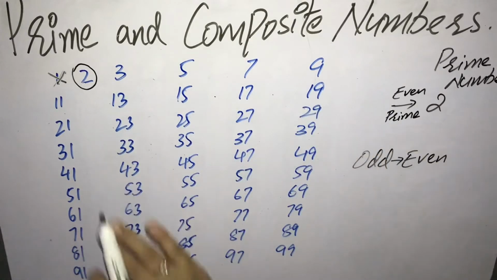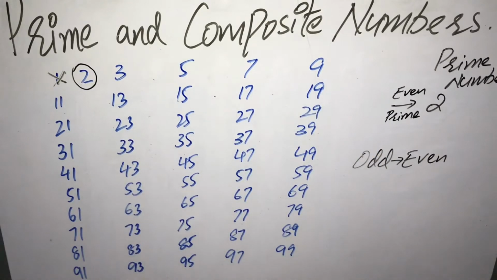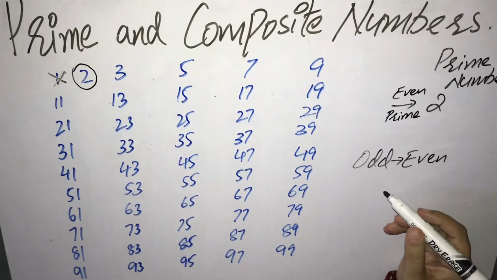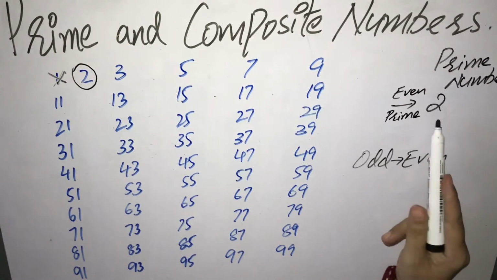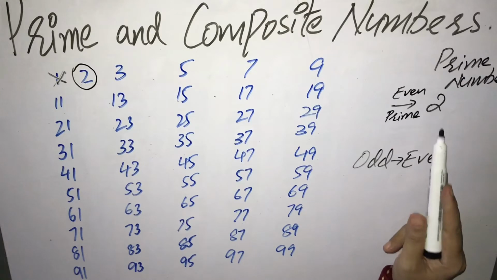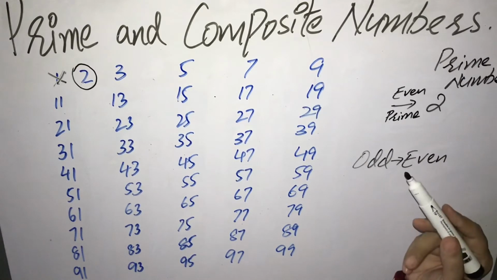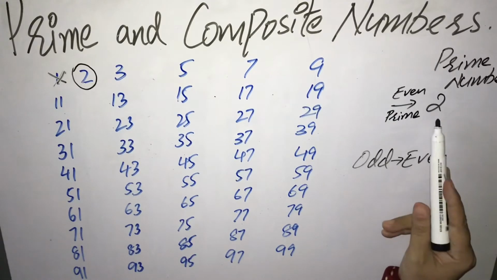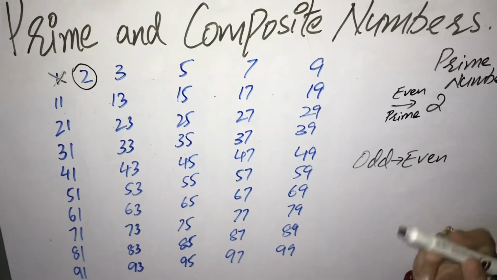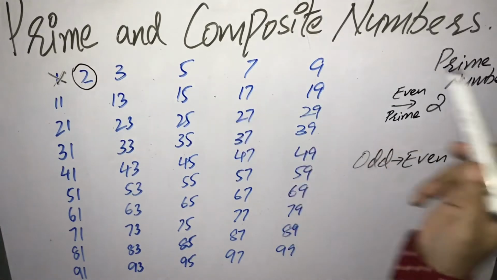I have erased all even numbers because they have at least 3 factors other than 2. 2 is the only even number which has 2 factors. The rest of the even numbers have at least 3 factors. The third factor is 2 itself, and as they have more than 2 factors, they are all composite.